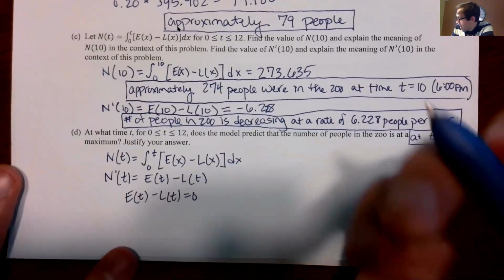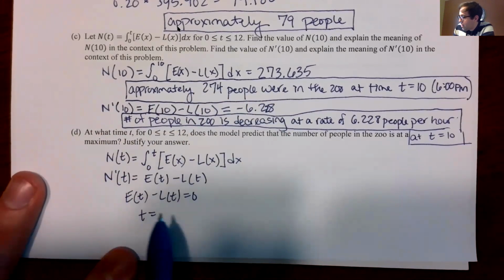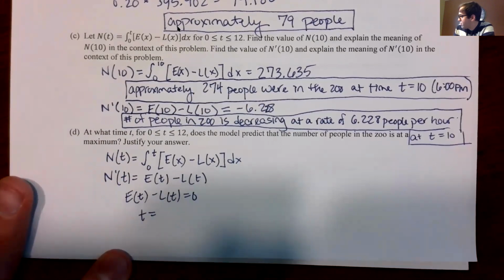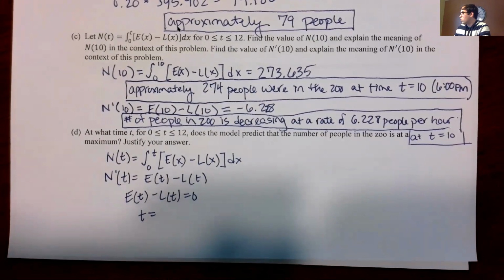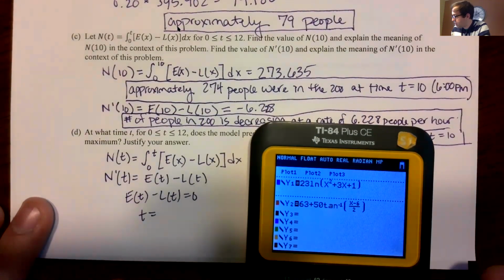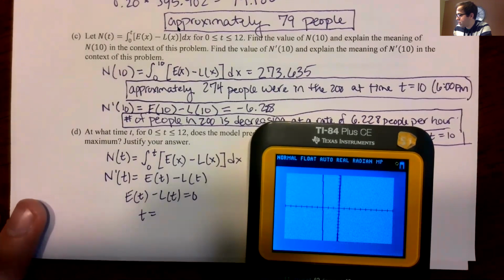And that happens if we use our calculator and take a look at the graph and figure out, when does e of t equal L of t? What you're going to find is that it happens one time, although I think my viewing window is going to be a little bit messed up here. Yeah, we're not going to be able to see it.